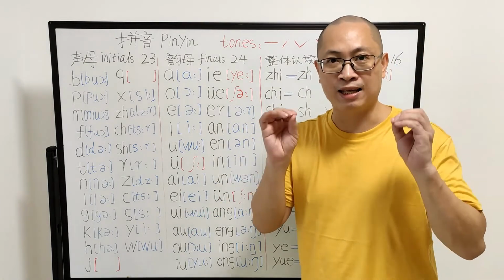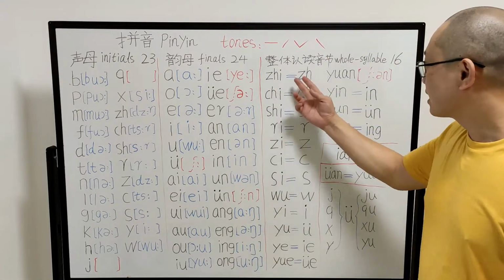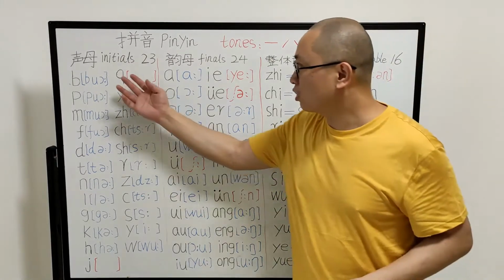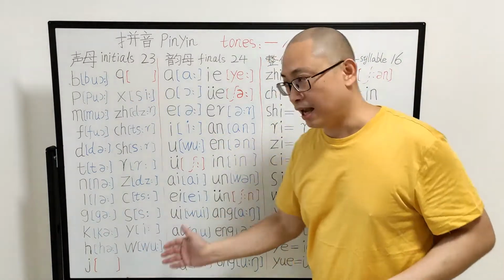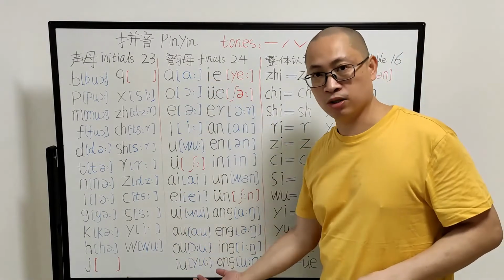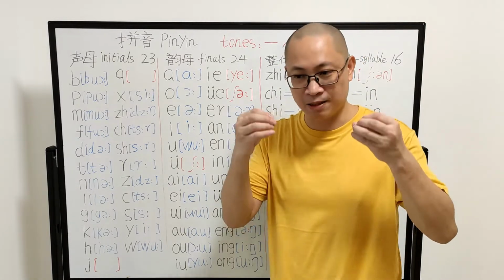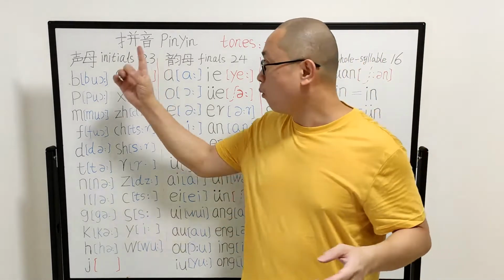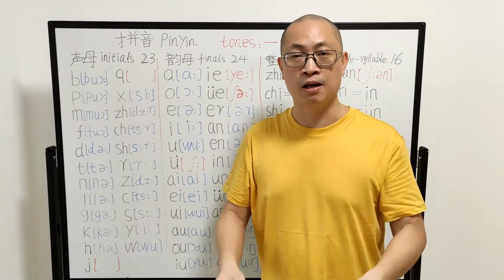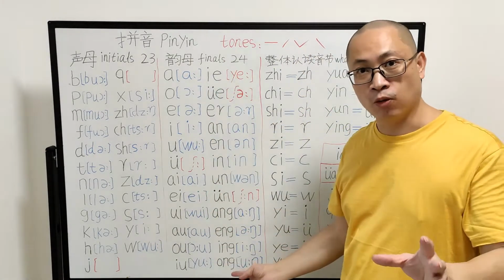But as long as you check seriously, you'll find out that some whole syllables are identical to initials, and some are identical to finals. Actually, some Chinese characters are pronounced with just one initial, and some with just one final.